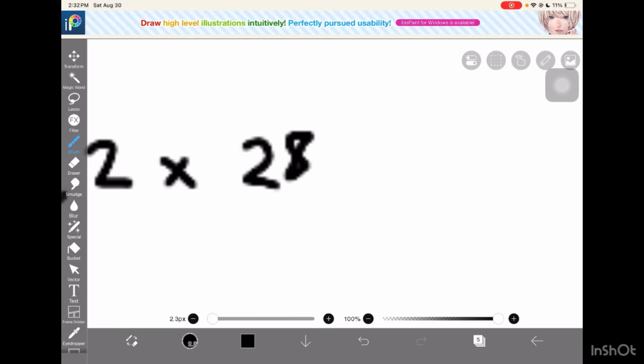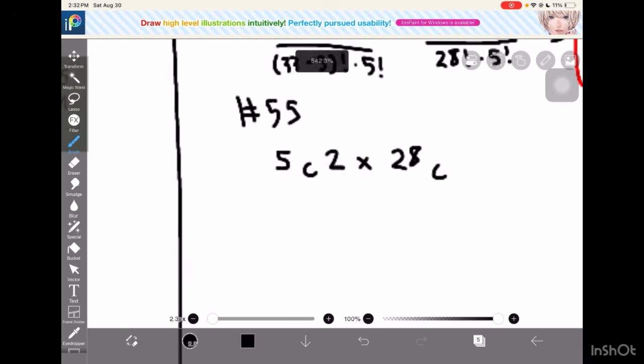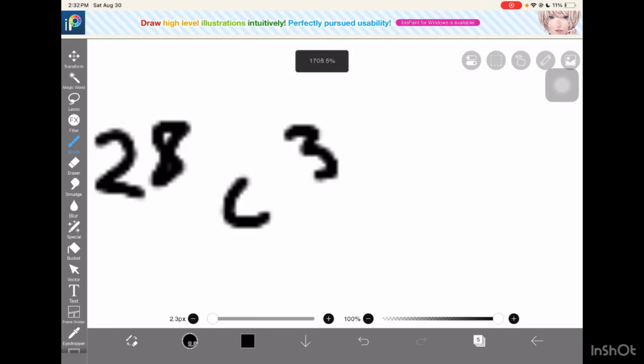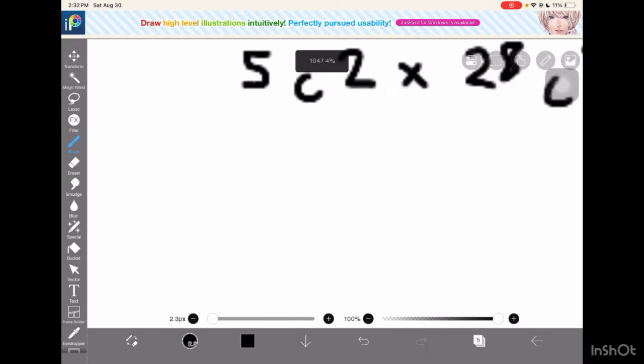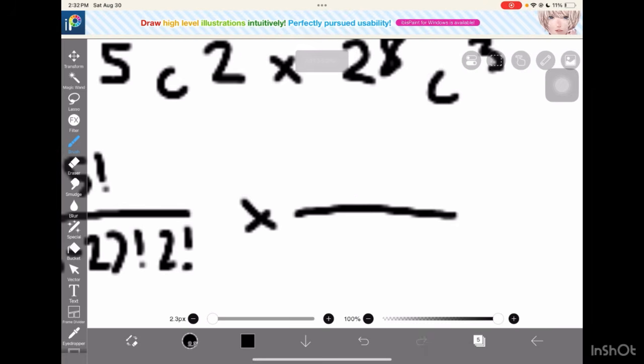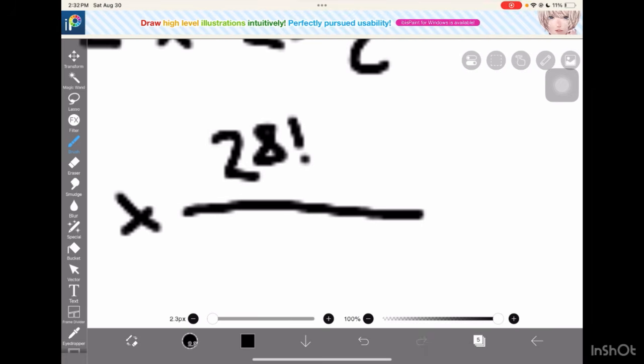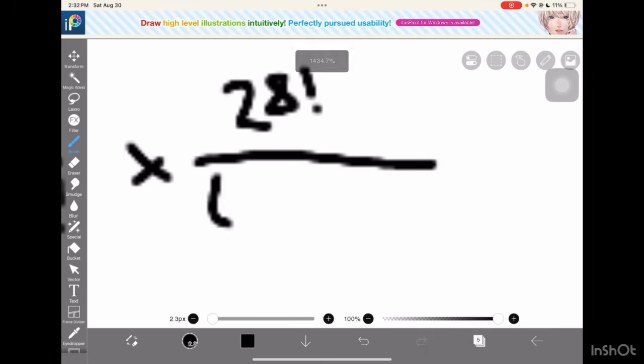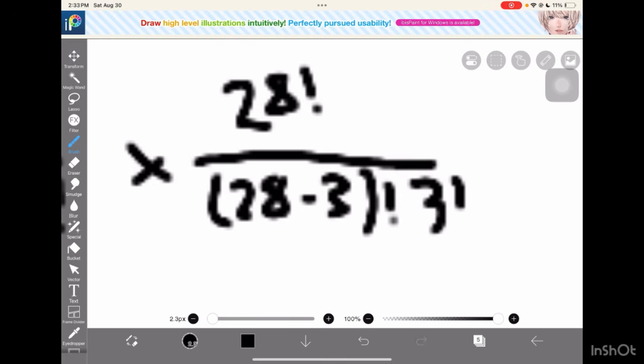So 28 C. Since we have 5 members in the group but 2 GEM students are already taken, we do 3 instead. This is equivalent to 5 factorial over 5 minus 2 factorial times 2 factorial, times 28 factorial over 28 minus 3 factorial times 3 factorial.